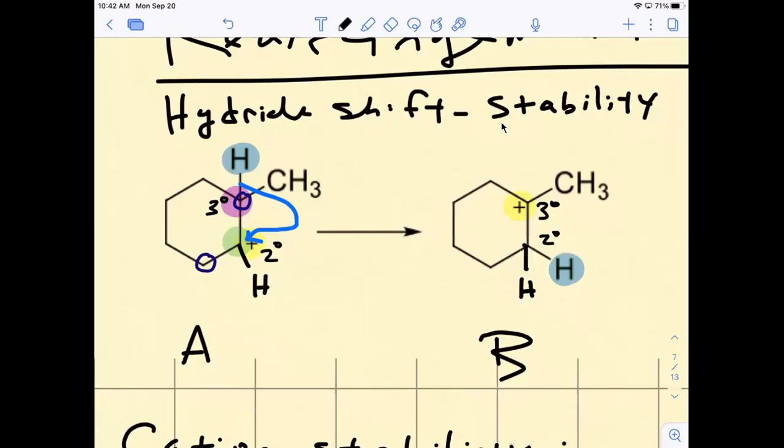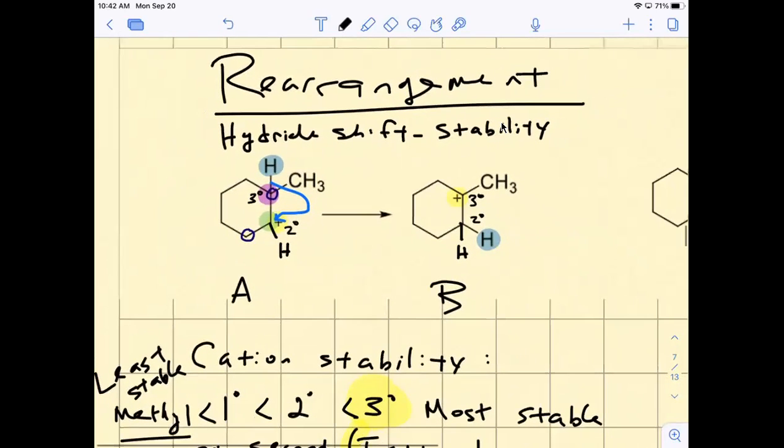Is it secondary? Is it primary? Is it tertiary? It's written as secondary. And we agree that it has 2 carbons bonded to it, yes? Yes. And then in B, that carbocation is now tertiary. Which is more stable, based on what we just talked about down here? The tertiary.